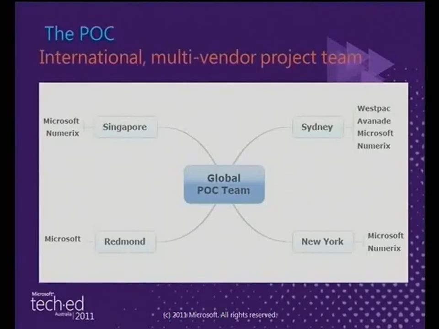Avanade provided our project management capabilities that pulled all this global team together, also infrastructure specialists as well. So when it came to doing the build, Avanade got right in there involved in that. As you can see, it's quite a large project team that was put together to solve this problem. It's not something that was done overnight by one person.